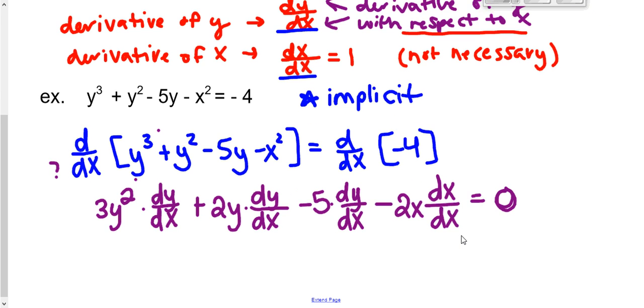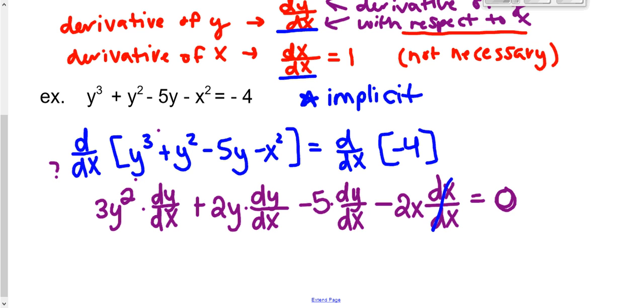From here, let's look at a couple things that can happen. dx over dx can cancel. That's just 1, so 1 times negative 2x. What we want to do is add or subtract terms that don't have dy dx connected to them to the other side.